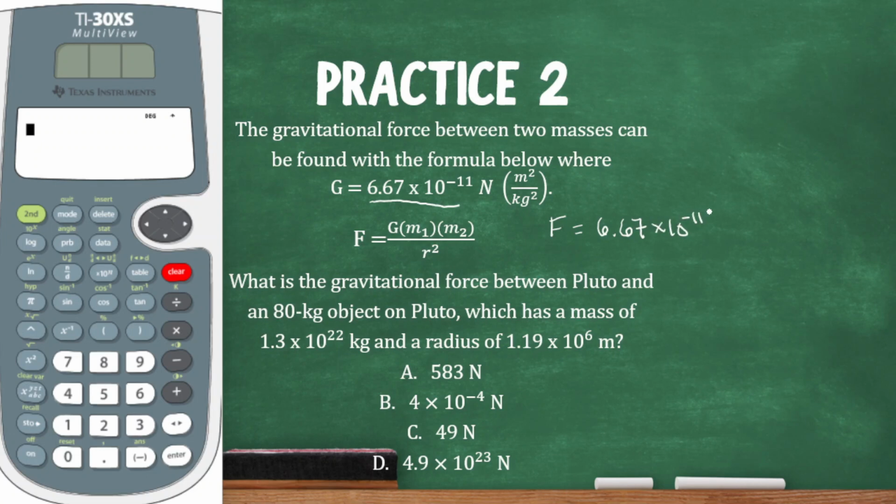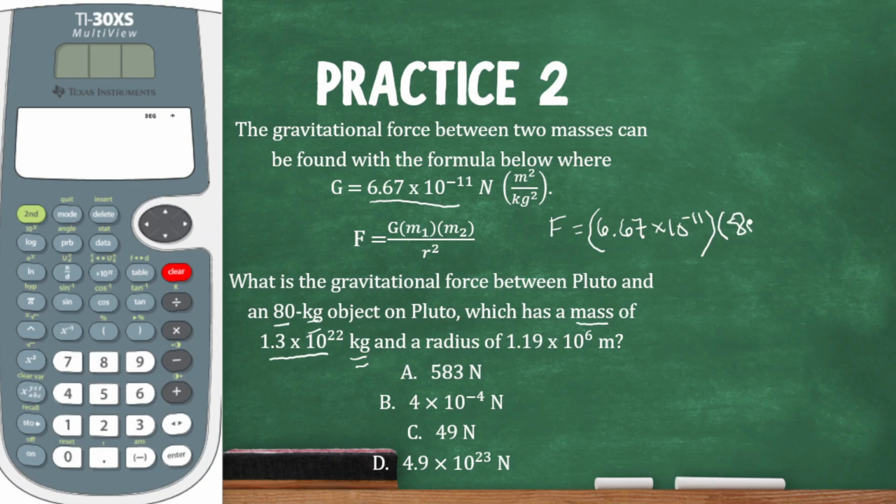And I'm just going to surround that by parentheses to keep it separate, times m1 and m2. Well, m must be mass, and I have the mass of Pluto here in kilograms, and I have another thing in kilograms here, an 80 kilogram object. So those must be my two m's. Let's put those in here.